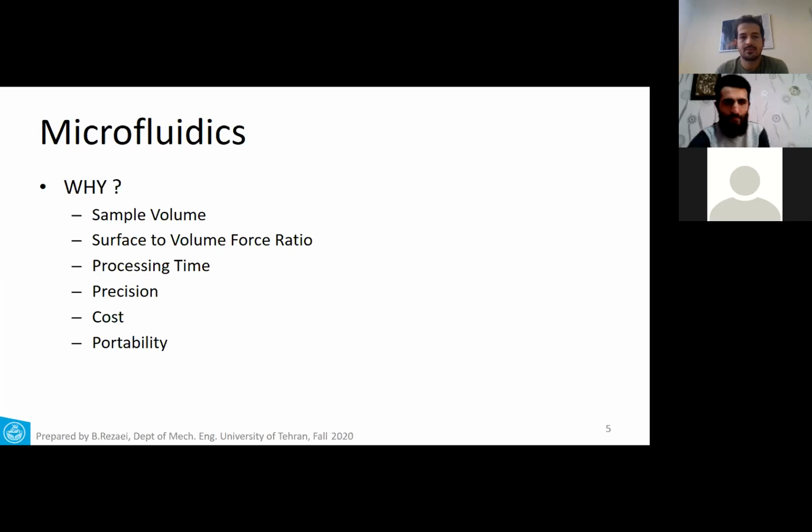This way we will have less loss of sample, and of course less reagents. We have to add some reagents to the blood or whatever our fluid is, like urine, saliva, and so on. The other thing is the ratio of surface force to volume force.